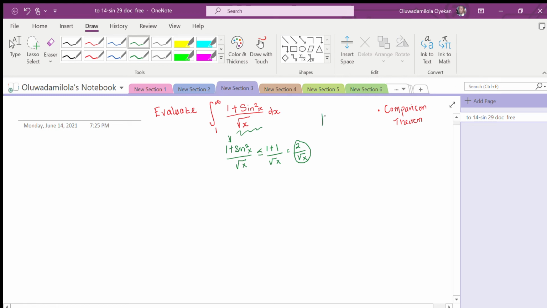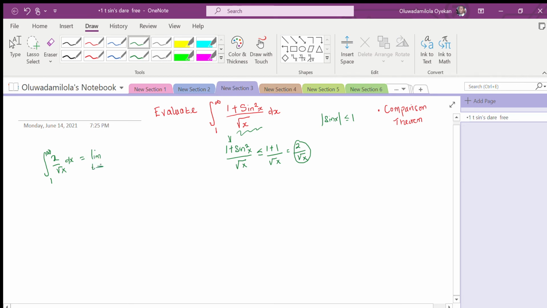The sine x trig function is bounded by 1, so it makes a lot of sense. That's why we have 1 plus 1, and that gives us 2. So now we can just integrate that: 2 over root x dx. Then we apply just the same way we worked on the improper integral.